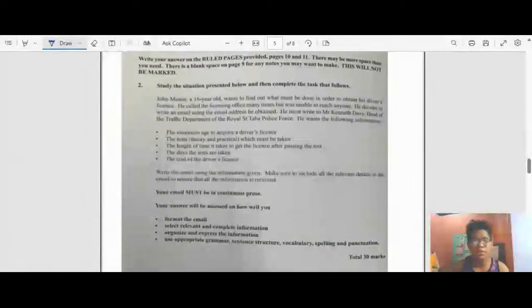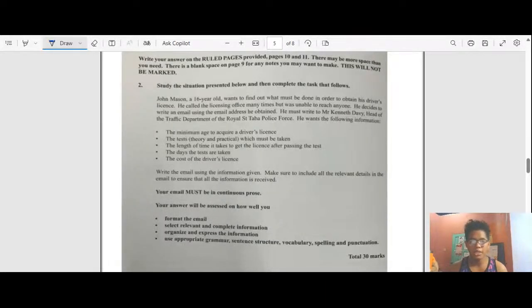John Mason, a 16-year-old, wants to find out what must be done in order to obtain his driver's license. He called the license officer many times but was unable to reach anyone. He decides to write an email using the email address he obtained. He must write to Mr. Kenneth Davy, head of the traffic department of the Royal Sindaba Police Force.